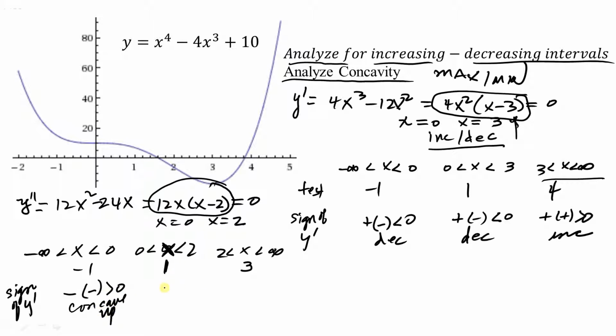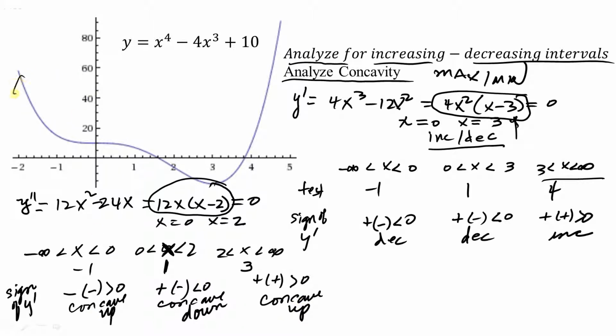We plug in 1, and we get a plus and a minus, which is less than 0, so it's concave down. And finally, plug in 3, we get plus times a plus, which is more than 0, and it's concave up.